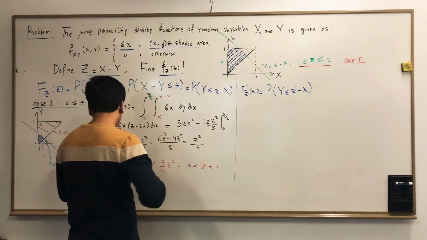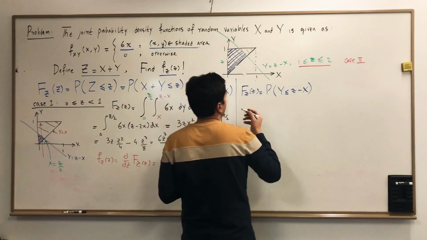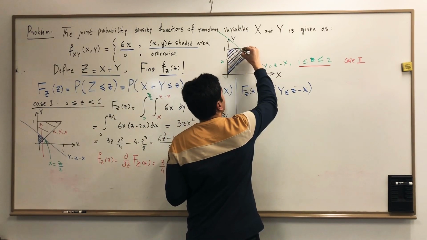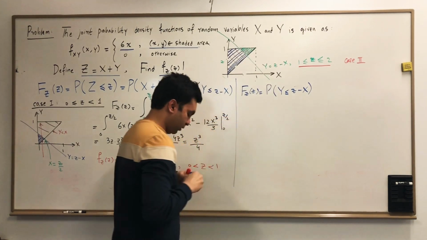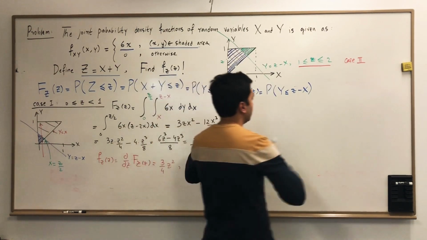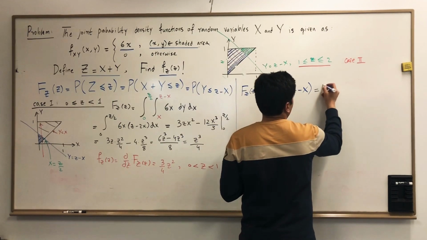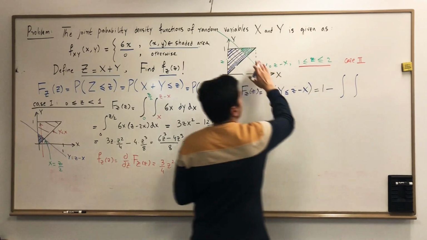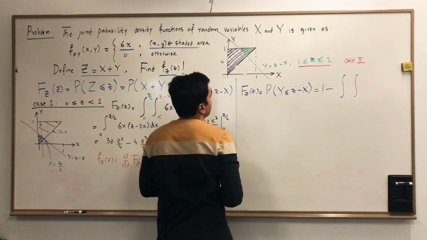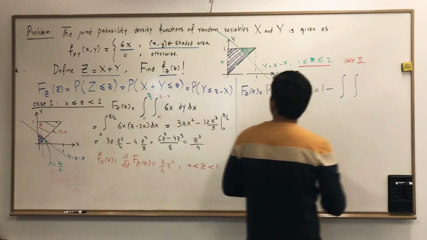So what we do instead is we integrate over this region and subtract it from 1. So that will mean we will say 1 minus the integral over this smaller triangular piece.